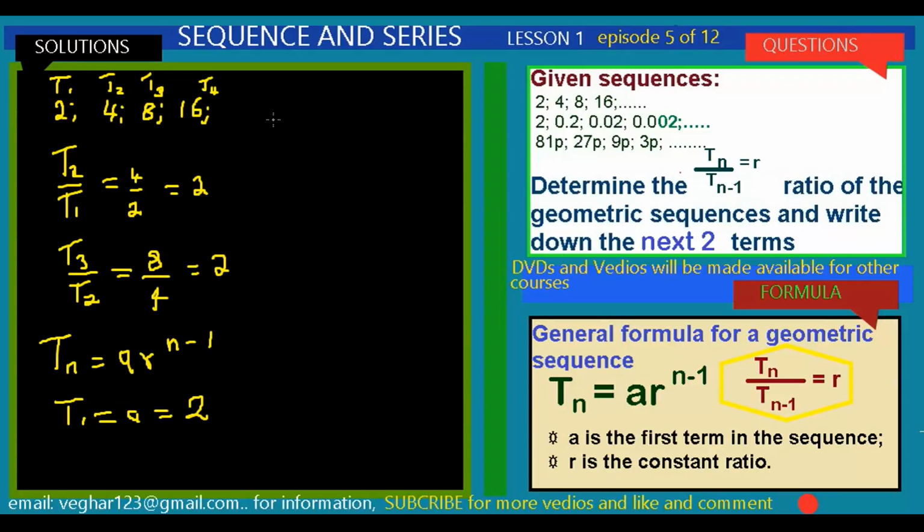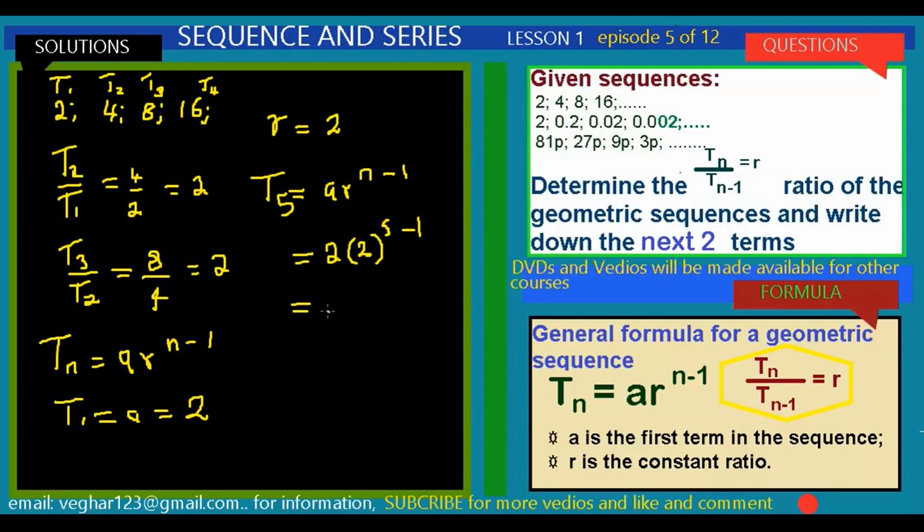So our r is 2. We are looking for term number 5, so we put a as 2, the value of r is 2, and n is 5 minus 1.